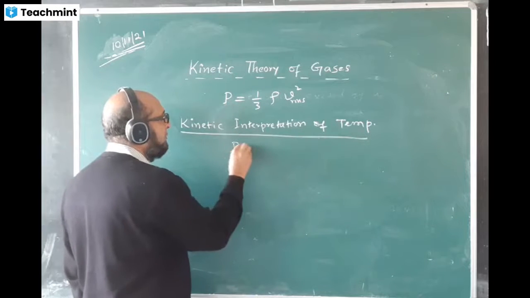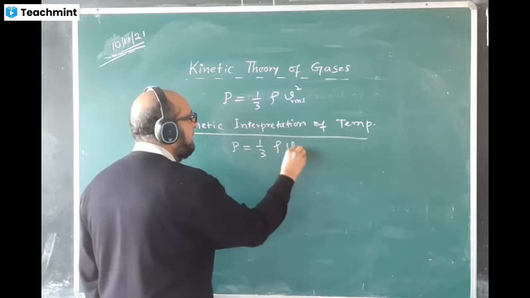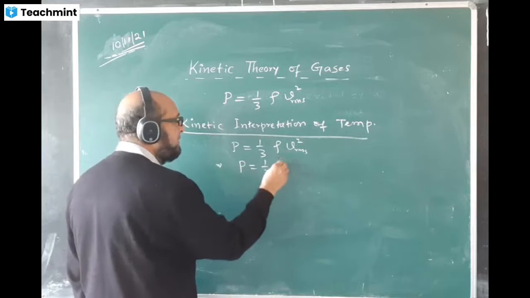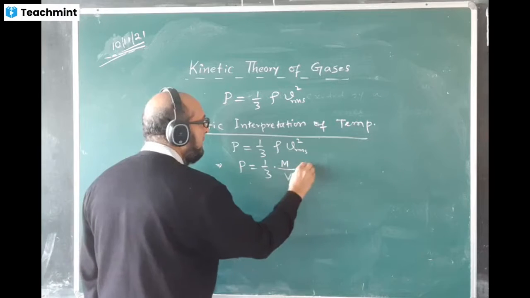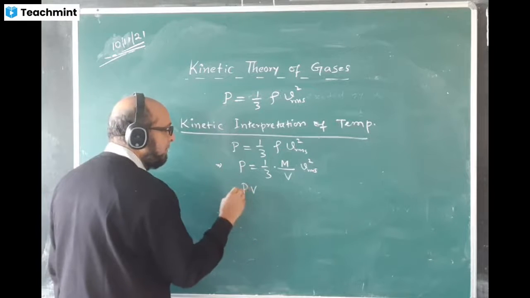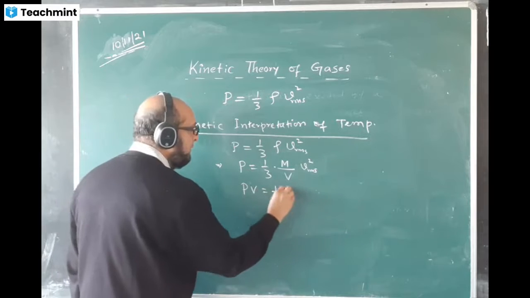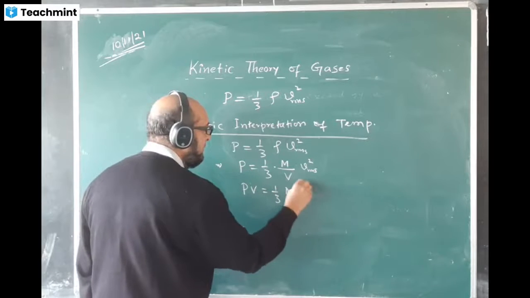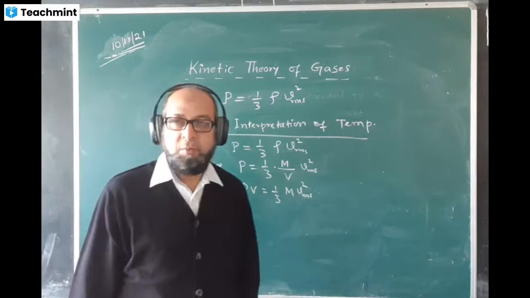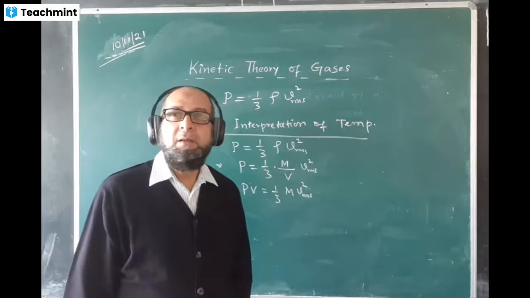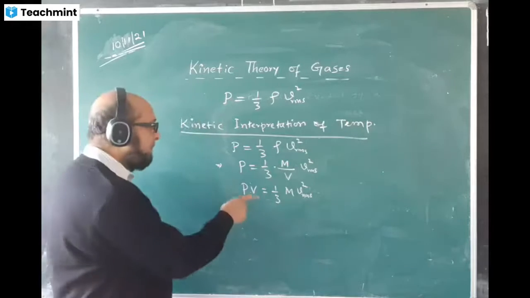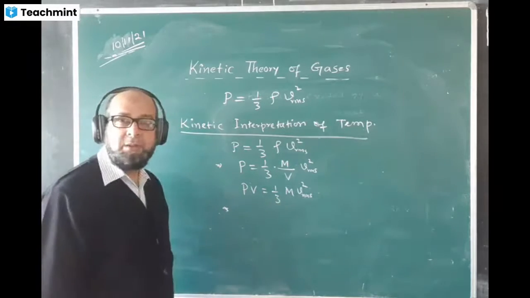First we write like this, P equal to 1 by 3 rho V_RMS square. Next, rho means density, mass by volume, so I write M by V, times V_RMS square. PV is equal to 1 by 3 m V_RMS square. We know the formula PV is equal to nRT, but if we take n equal to 1, mass will be equal to the molecular mass.